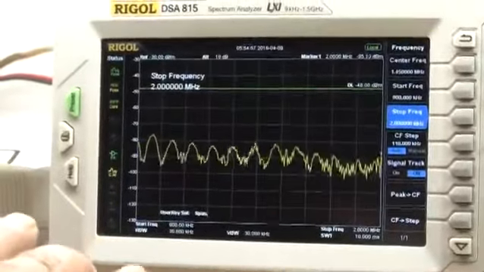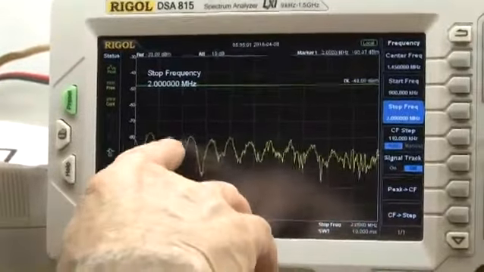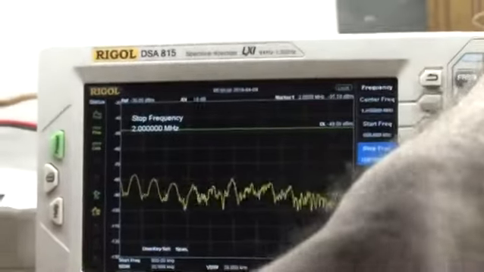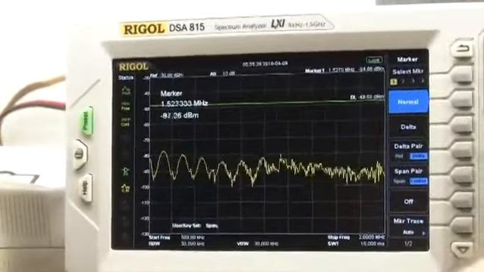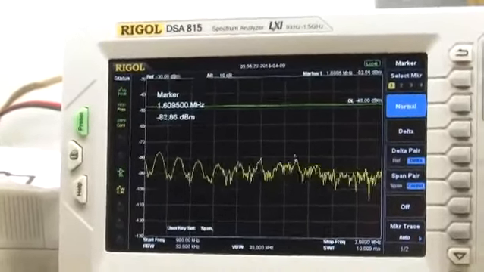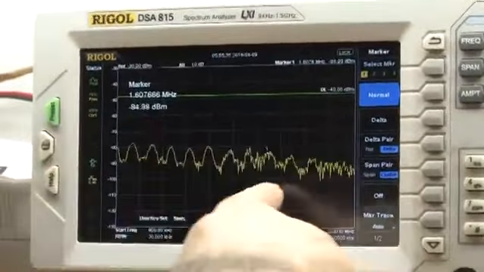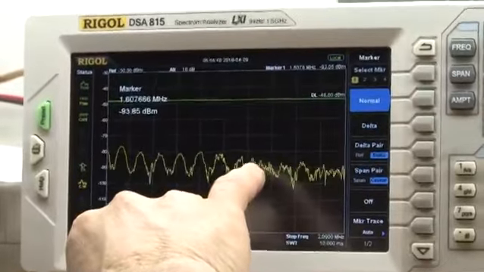That's all we're looking at right now. See the frequencies in here? The peaks. So now if we marker this, so for the cancer frequency, we want 1607, right? See 666? See it's coming up on the peak here?